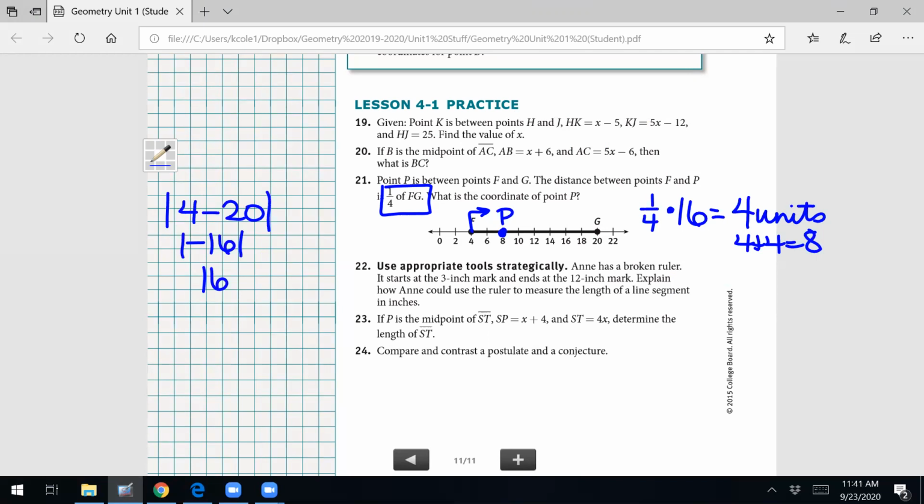All right. Everybody's okay with the midpoint? Number 20. 19 was just doing segment addition postulate. 22 was you just basically explaining how they could make that adjustment. Let me see what the book says. The book says align one endpoint with the mark for 3 inches. Align the other endpoint with the ruler.